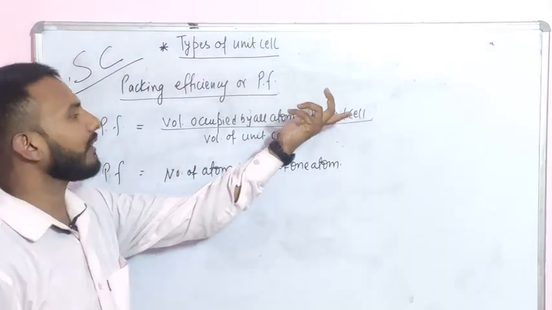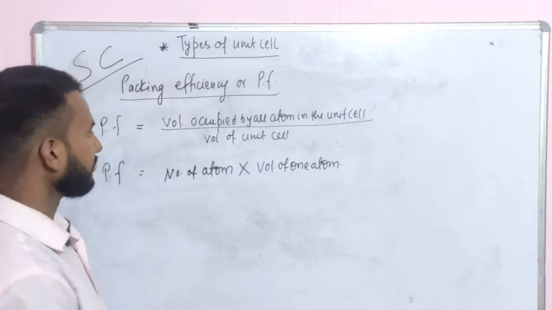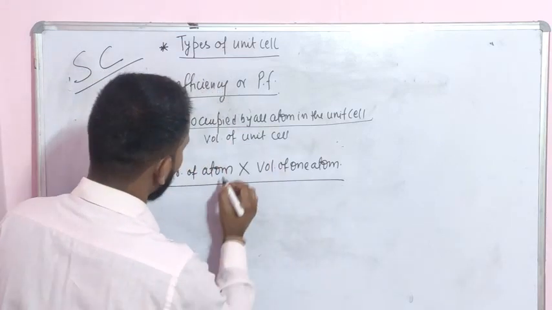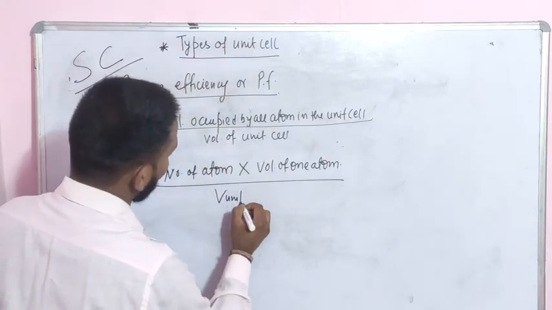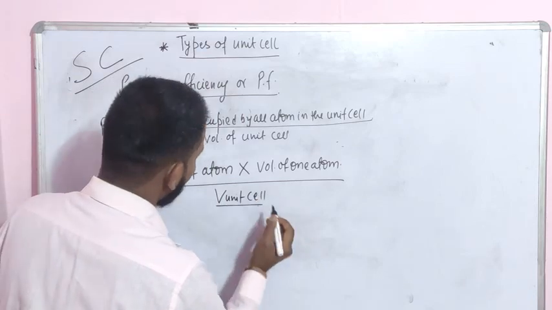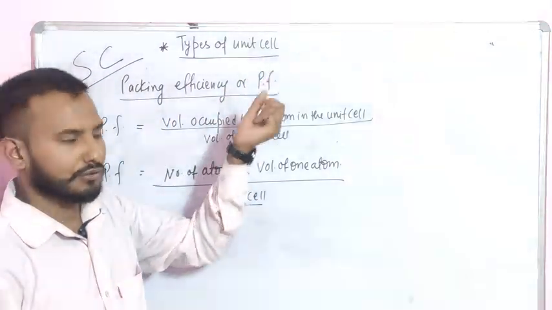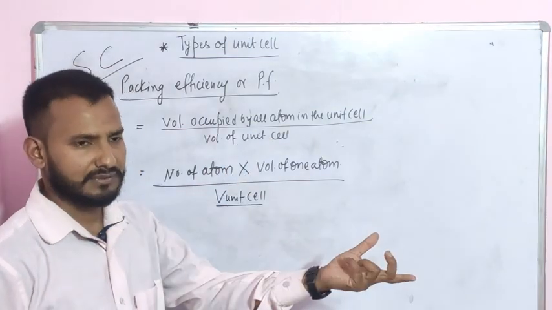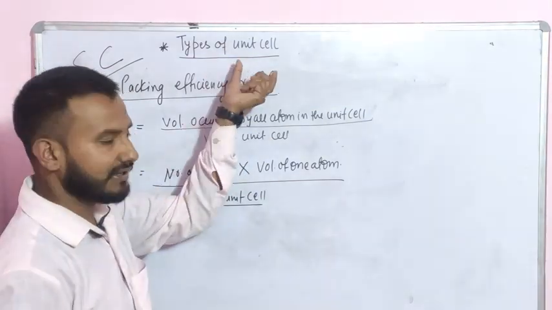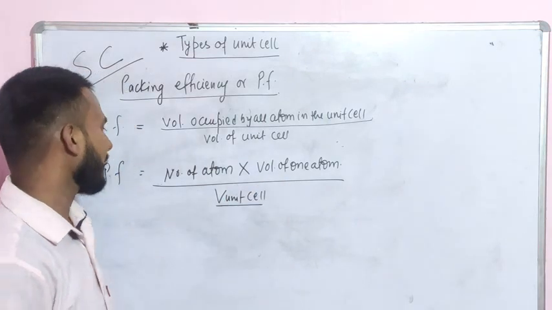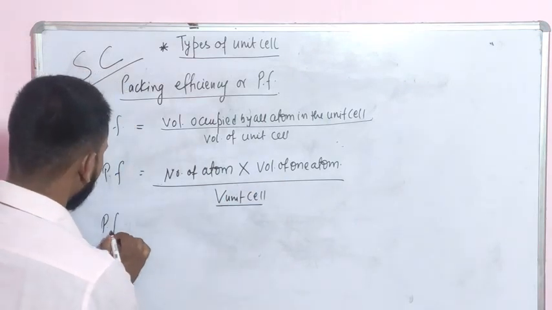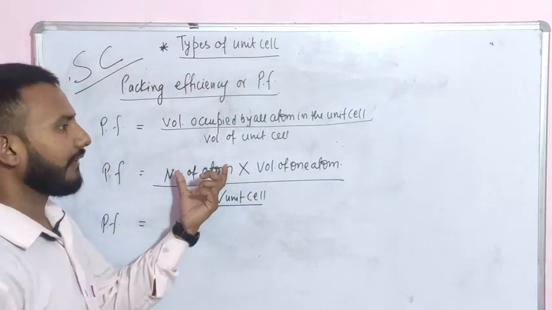That is the volume occupied by all the atoms in one unit cell, divided by the volume of unit cell. Because we are dealing with a cubical unit cell, the volume of a cube is side into side into side, that is edge length into edge length into edge length. So packing fraction is equal to the number of atoms.